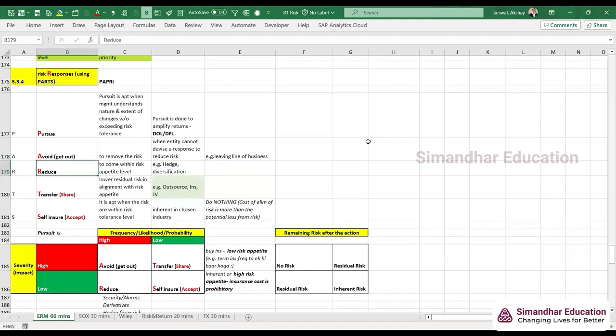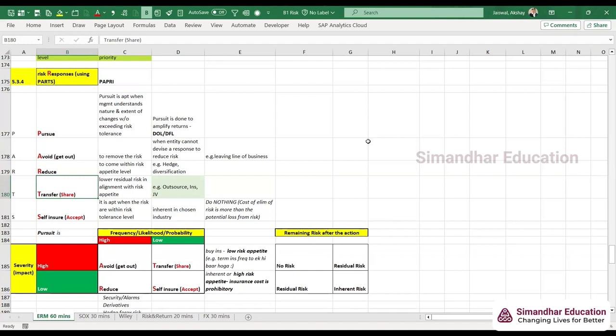Next is we'll reduce the risk. So risk reduction, this is the most common one, right? That we are going to reduce the risk by taking some steps or the other, we'll try to mitigate it. Then there is transfer or sharing the risk, which means that we are going to take, let's say, an insurance.